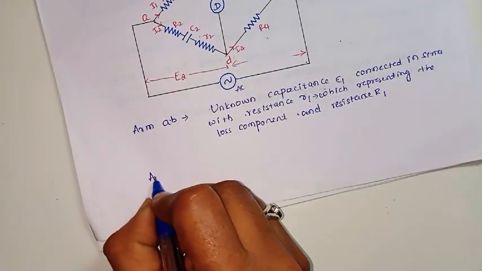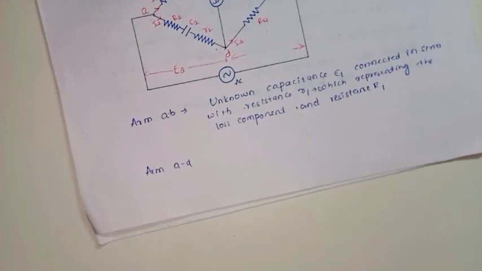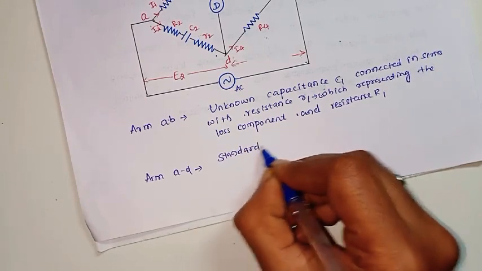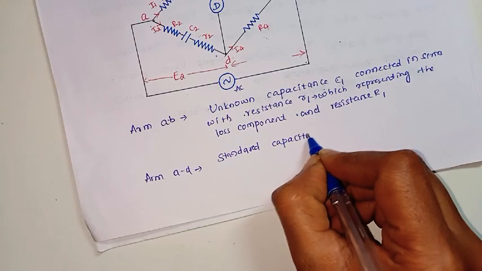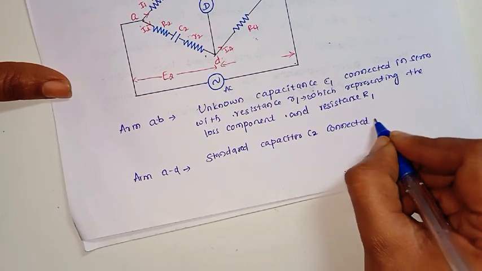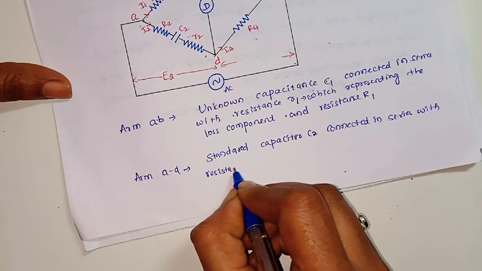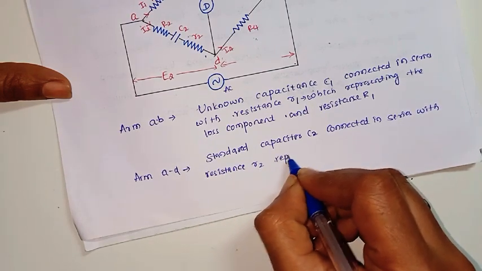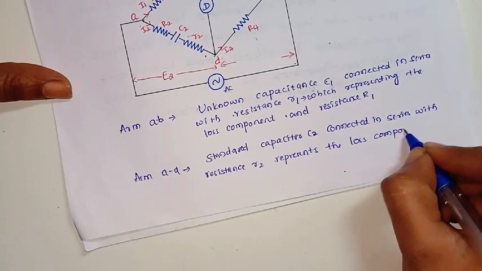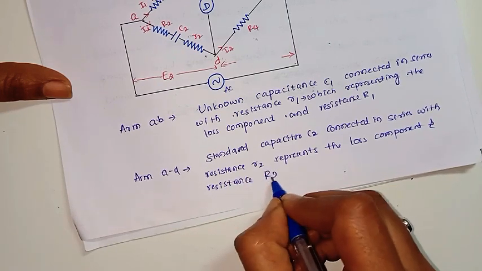Next, in the arm AD, we have the standard capacitor C2, connected in series with resistance r2, which represents the loss component, and resistance R2.